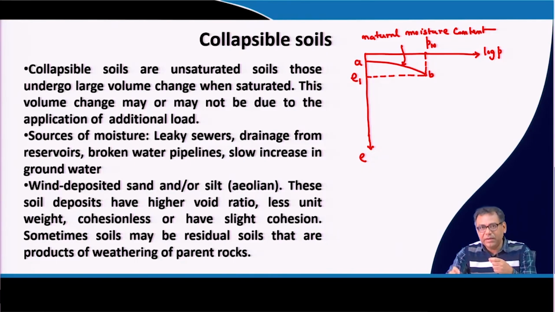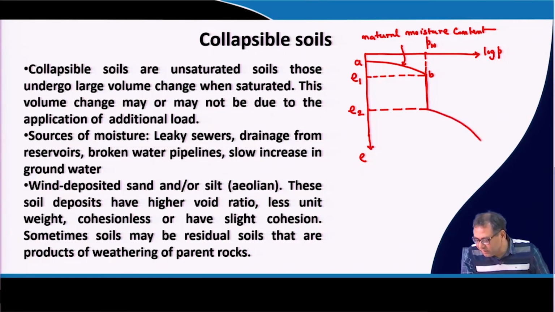But at that point B, now the soil is saturated, and without applying additional stress, there will be a large volume change. So, this will be the path now. That means we have not applied any additional stress, but there is a reduction of the void ratio. After that, if I apply the stress, then it will behave at saturated condition.